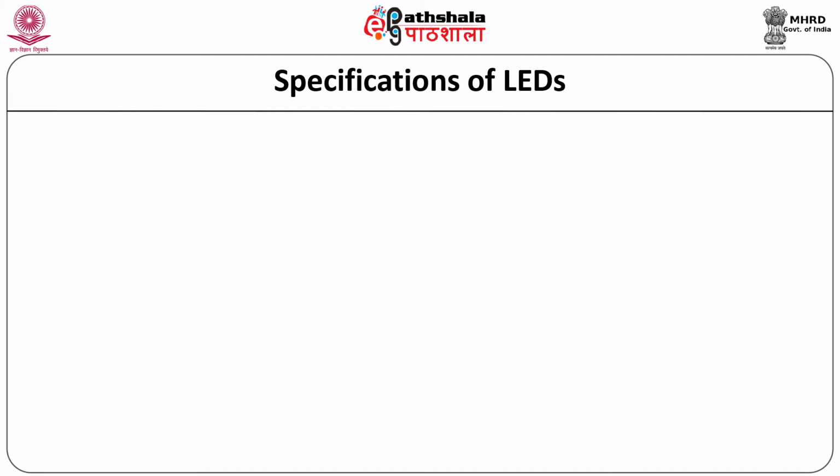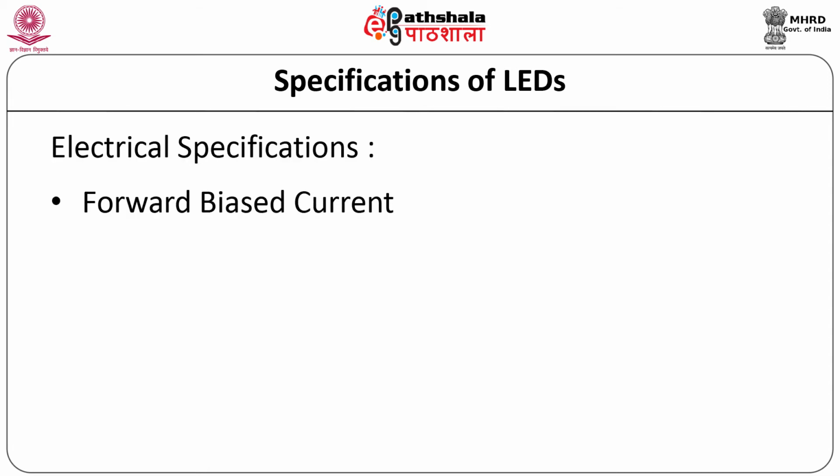LED specifications can be categorized as electrical and optical. Major electrical characteristics are forward bias current and forward bias voltage.